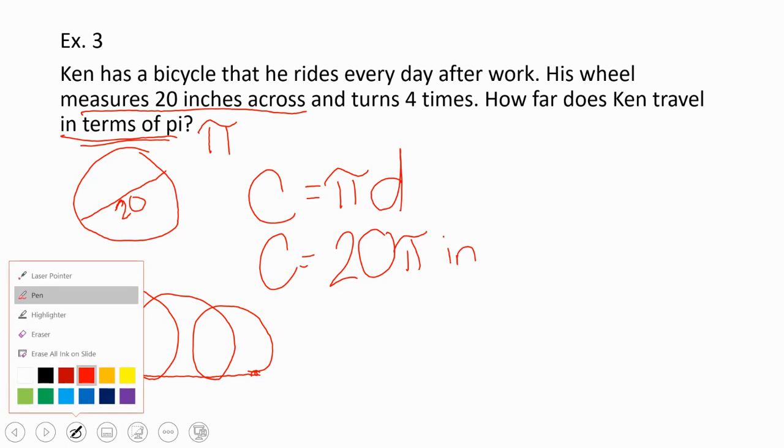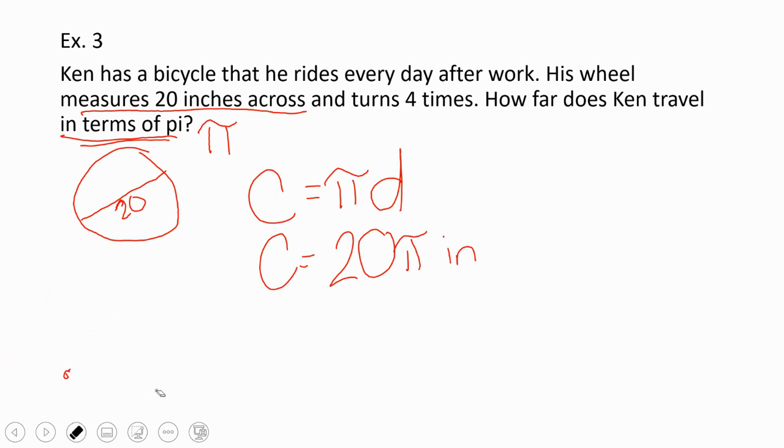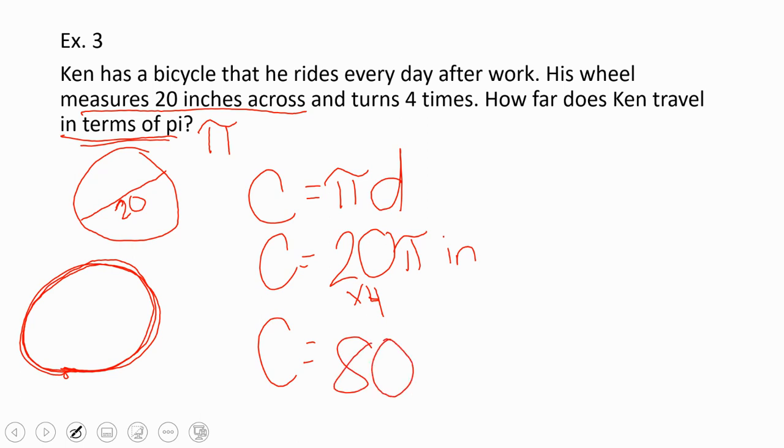It's kind of hard to draw this. So here's his tire, and if it turns one whole time, then that's the circumference. It turns another time, it does that 4 times. So all we're going to do is multiply this by 4 to get that he travels 80 pi inches.